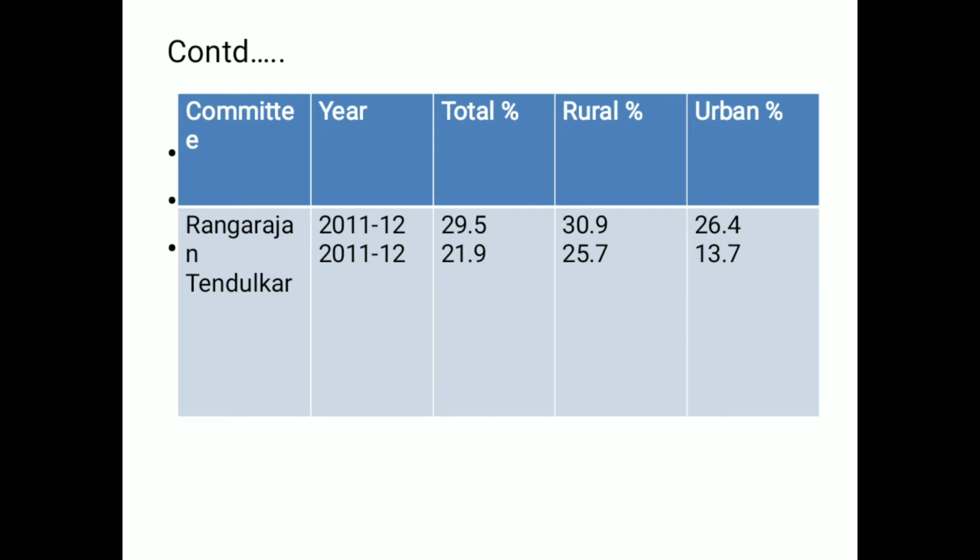According to the Rangarajan Committee, in the year 2011 and 12, the total number of poor people in India was 29.5%, in which 30.9% poor were in rural areas and 26.4% poor were in urban areas. According to the Tendulkar Committee, in 2011 and 12, the total number of poor people in India was 21.9%, in which 25.7% lived in rural areas, whereas 13.7% lived in urban areas.